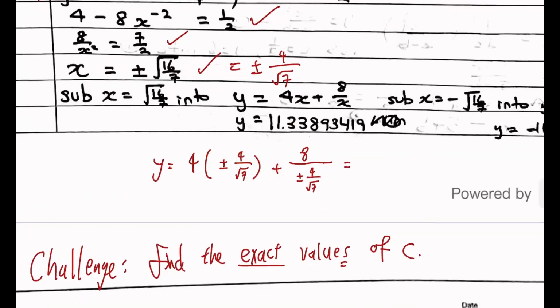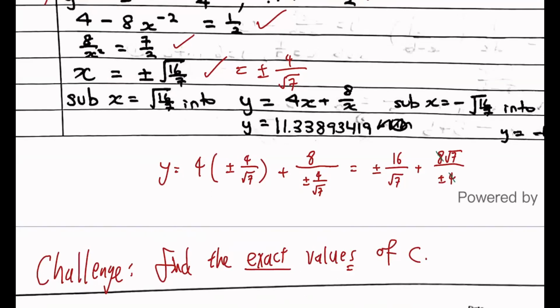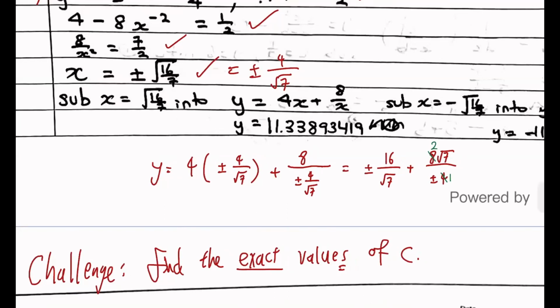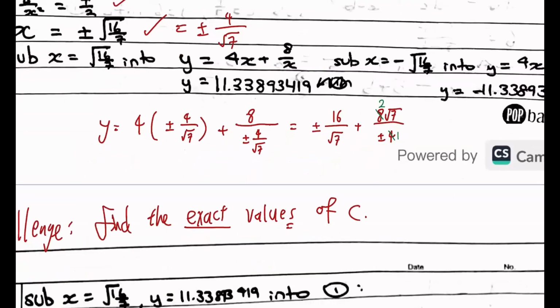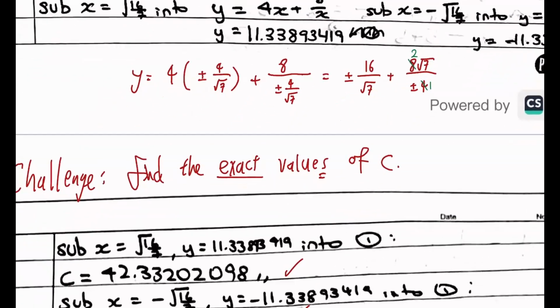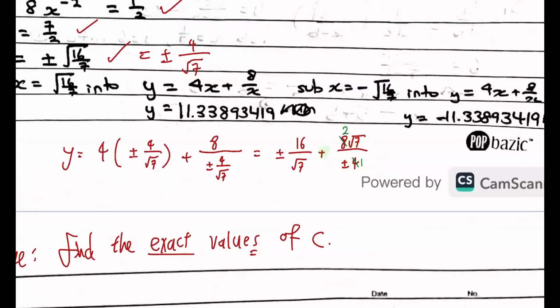Then this simplifies into what? 4 times 4 is 16, plus minus 16 over root 7, plus 8 over a fraction. So essentially the square root 7 goes to the top. So it's 8 root 7 over plus minus 4. 8 and 4 cancel away. This becomes a 2 at the top, 1 at the bottom. So this is 2 root 7 over plus minus 1, which is essentially just plus minus 2 root 7.